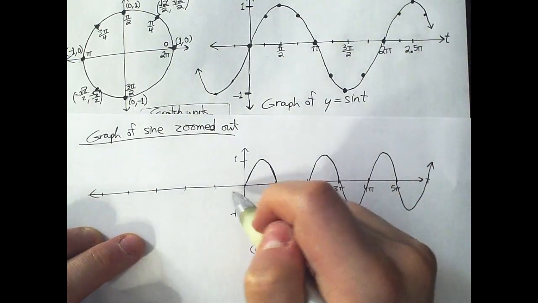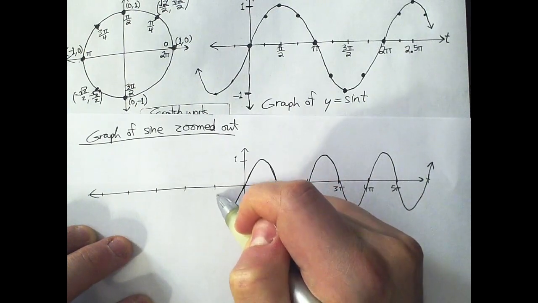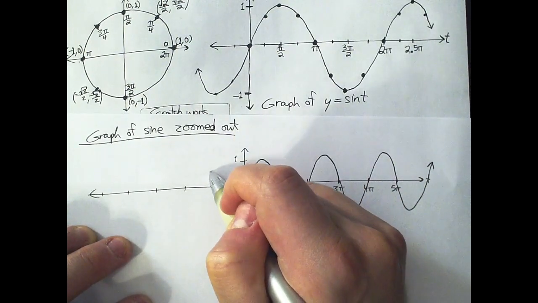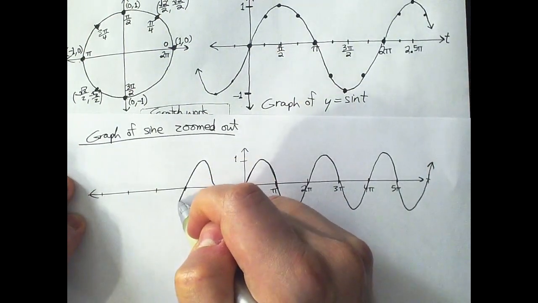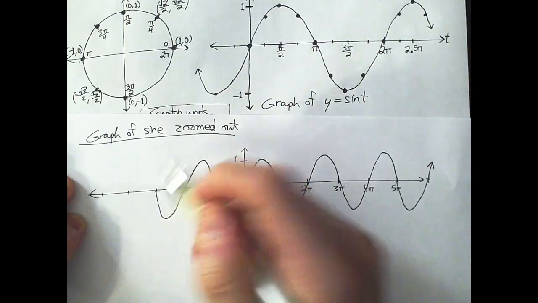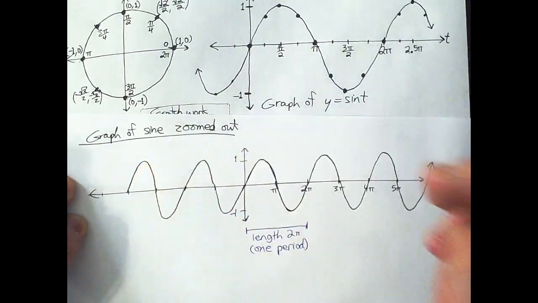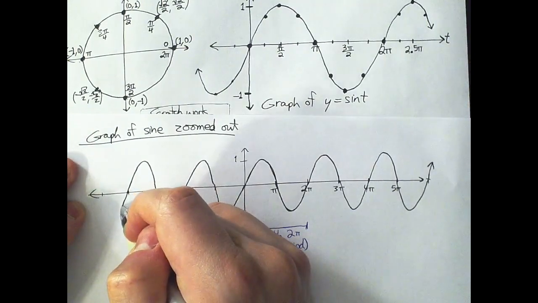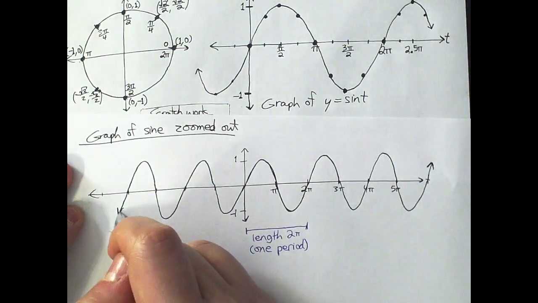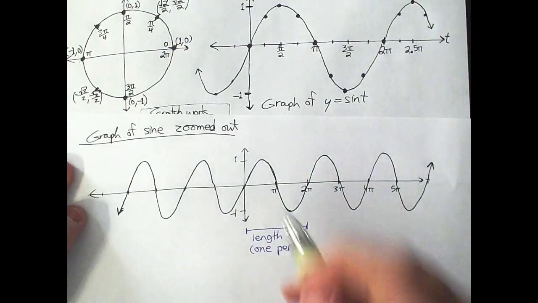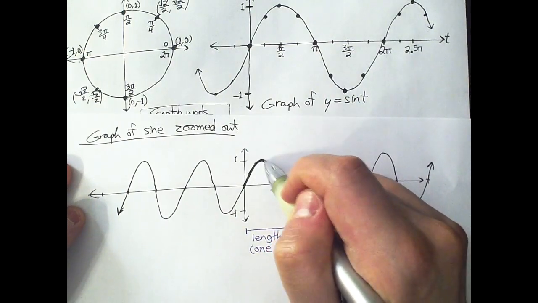This idea that you can copy and paste the first period of the function over and over is basically what it means to be a periodic function. It means there's a repeating shape, a repeating curve. We'll say that's enough. And that's what I wanted to show you. Maybe I'll darken in the first period just for emphasis.